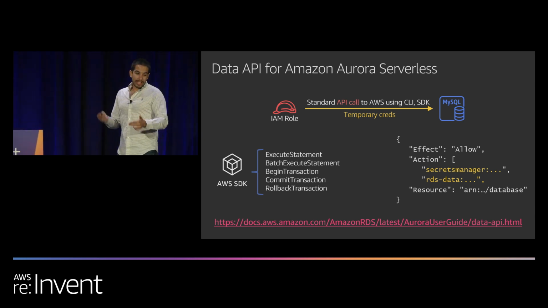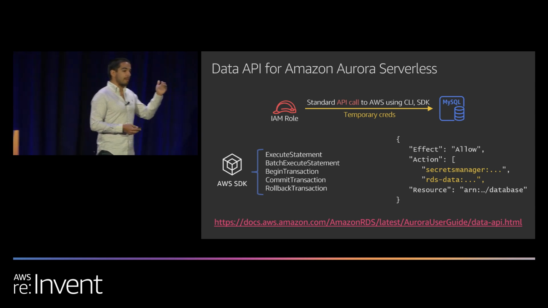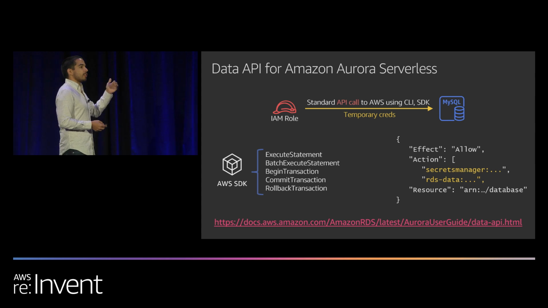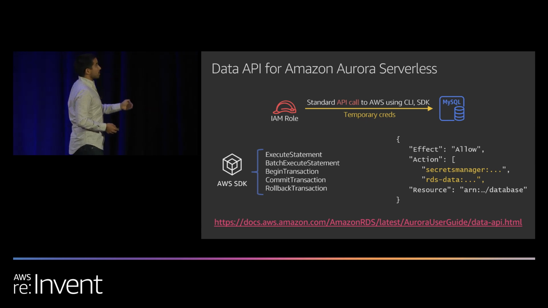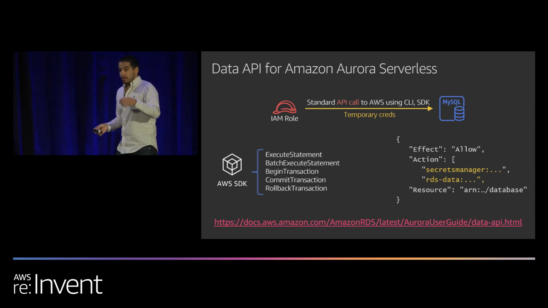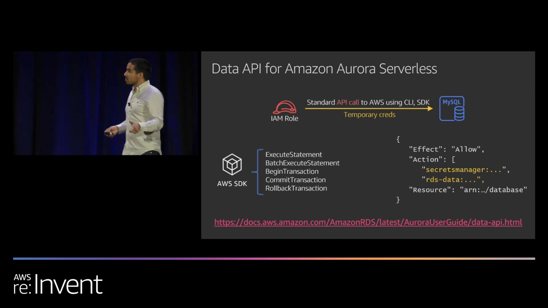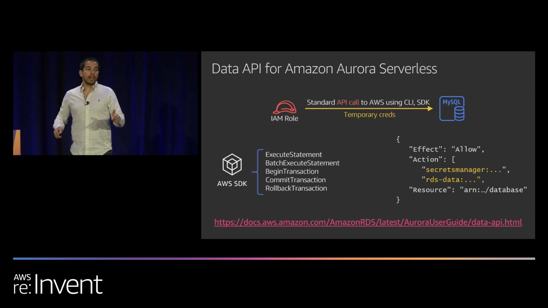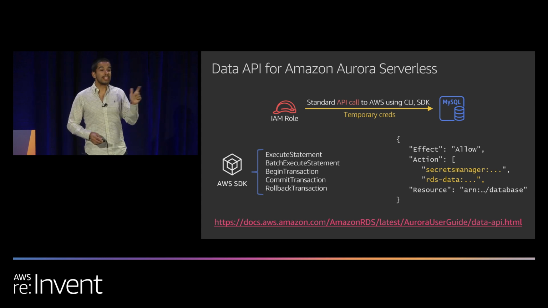So it basically gives you a couple of commands on your SDK. You can execute SQL statements against your database. Now, this only works for Amazon Aurora Serverless. And all you need to worry about is using the SDKs correctly and then defining the permissions for the user to be able to access RDS data and Secrets Manager.